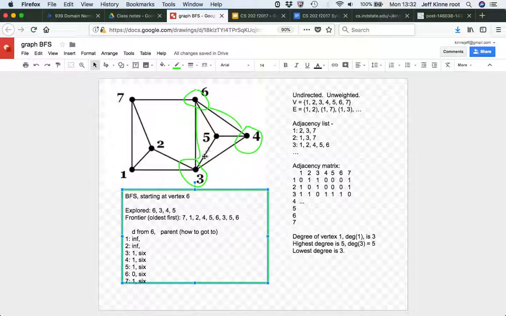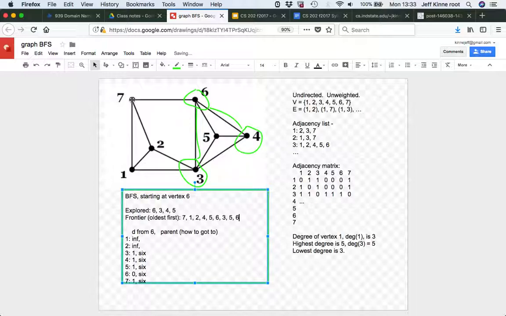So we could go this way, 6 to 5 to 3, but we already have a way to get to 3 that's better. So we don't do anything with 3 because of 5. As we put 5 on here, you can think of adding these on, but they're not going to change anything because those are already done being explored. So let's leave those off.